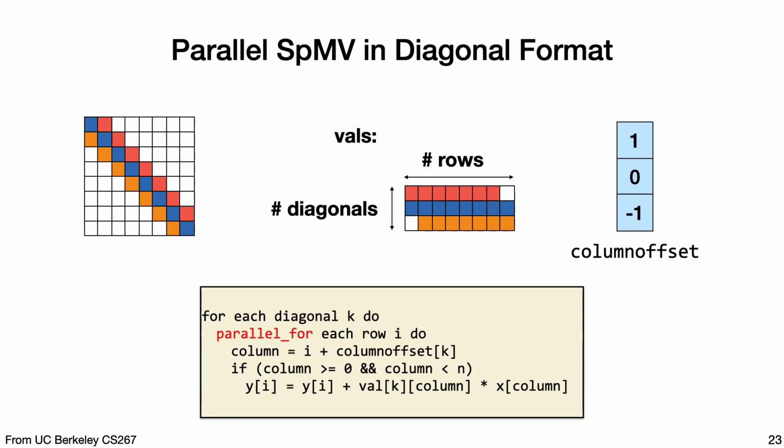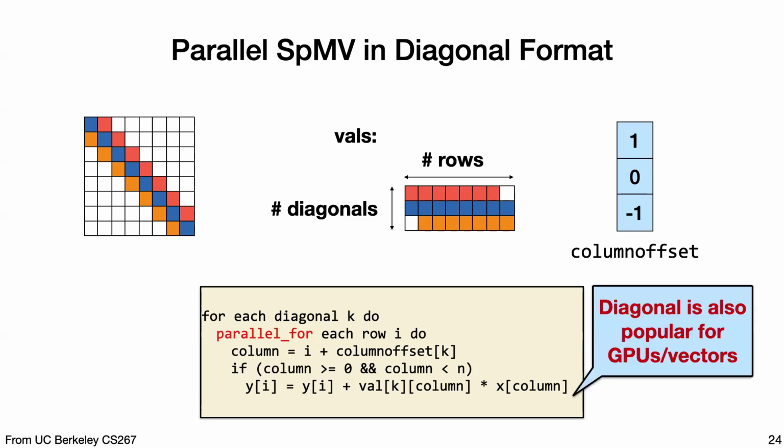The main point of this is that the high level is the same, which is that you want to go through the non-zeros, but depending on which exact type of format you have, it looks a little bit different about how you do that. Diagonal is also popular if you do have this nice diagonal format.